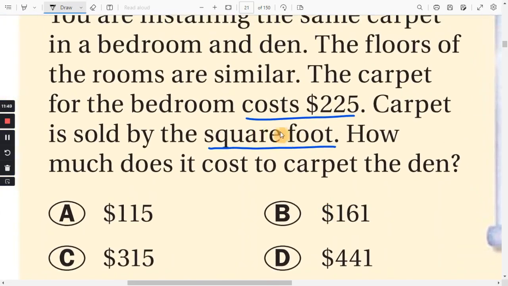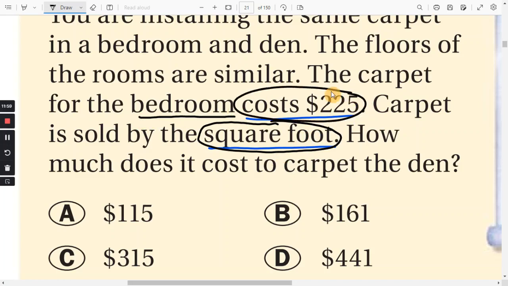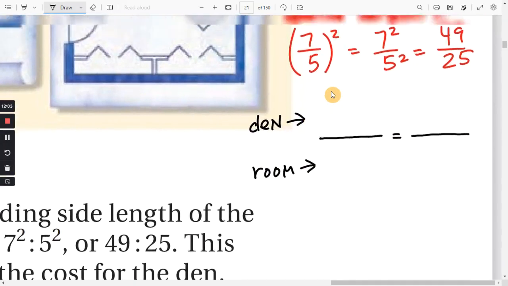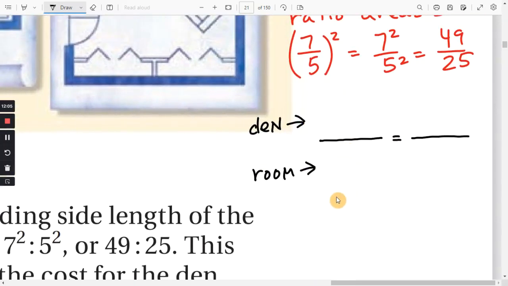They said the carpet is sold by the square foot. So, in other words, the price of the carpet is based on the area. And it said the bedroom costs $225. All right. So, this fraction here is going to be for the price. And this fraction here is going to be for the area.